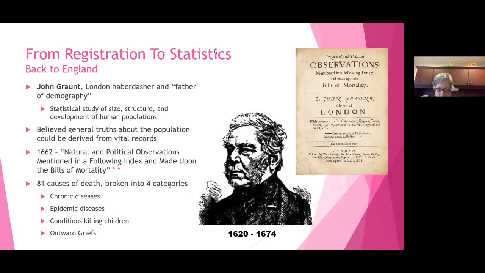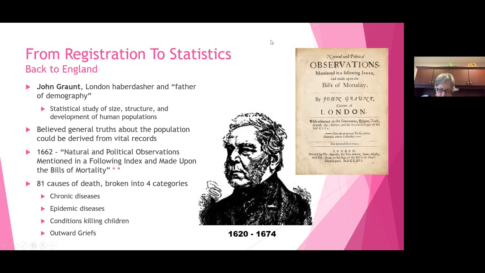So from registration to statistics, we're going back across the sea to England. This is John Grant, London haberdasher, and he is considered the father of demography. Demography is the statistical study of the size, structure, and development of human populations, and he believed that general truths about the population could be derived from vital statistics.